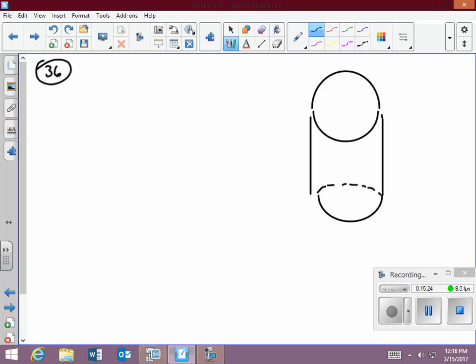A real big tank. Okay, anyway, it says 7 feet in diameter, so from here to here, it's 7 feet.